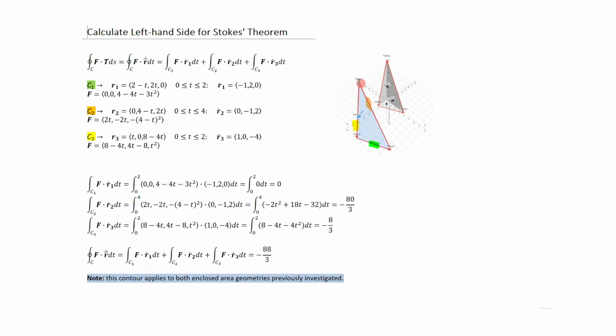For the next segment, C2, the position vector takes on this form. In this case, t is between 0 and 4. And so if you were to sweep t from 0 to 4, you would basically be sweeping along this line and again in the correct direction. And finally, for the last portion, which is this contour line segment here, the position vector would be t, 0, 8 minus 4t, with t varying between 0 and 2.